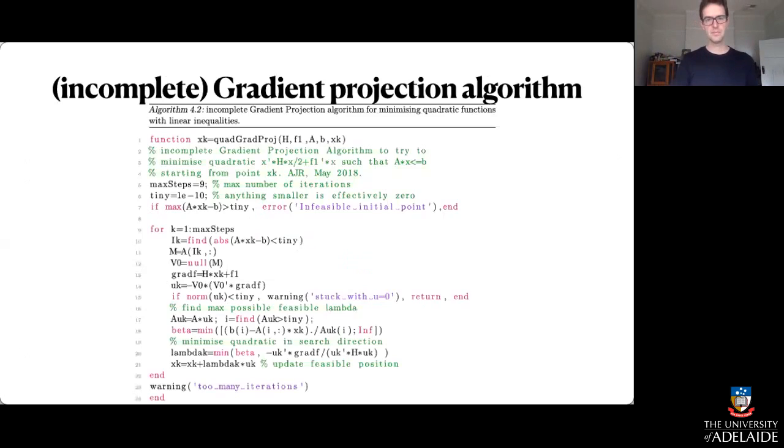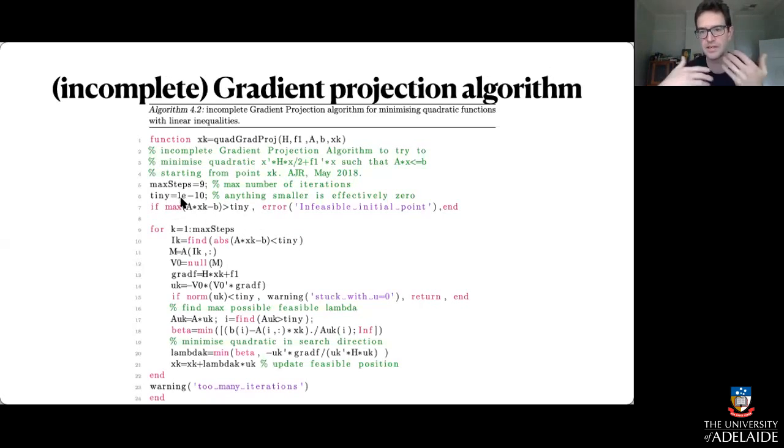So that's the algorithm. Here it is in MATLAB form. There's a lot of cleverness in this MATLAB code. It's particularly useful to pull out just a couple of things. At various points, we need to compare things with 0.